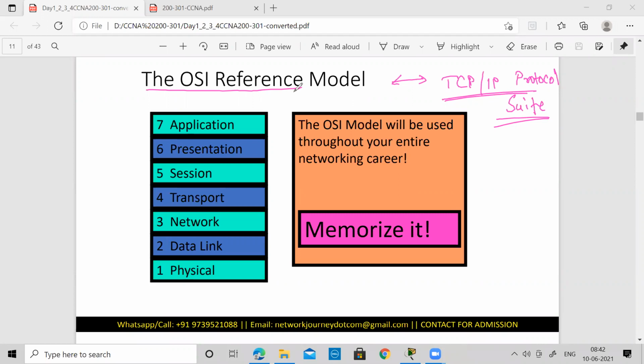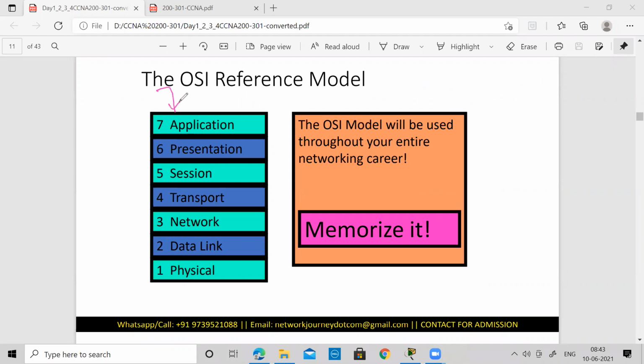There are 7 layers which you have to memorize. You can memorize them from top to bottom or bottom to top, up to you. And we are going to see the roles, or the functionalities, of each of these layers. When I start with the application layer, that is where the user is sitting.